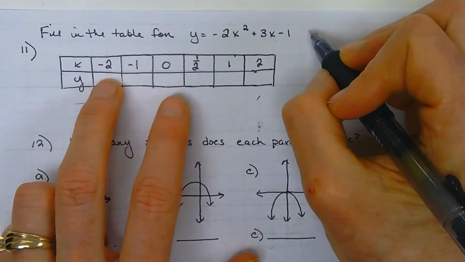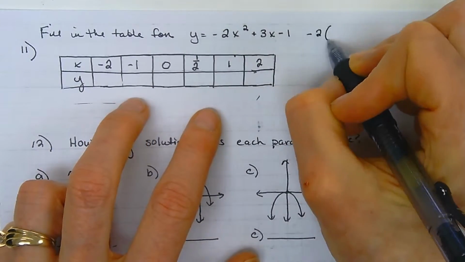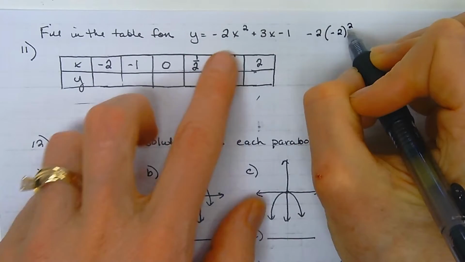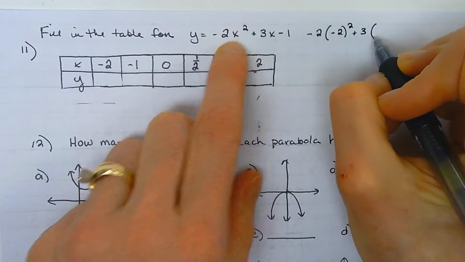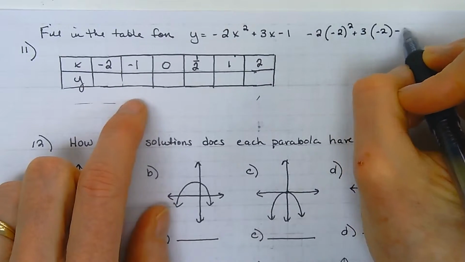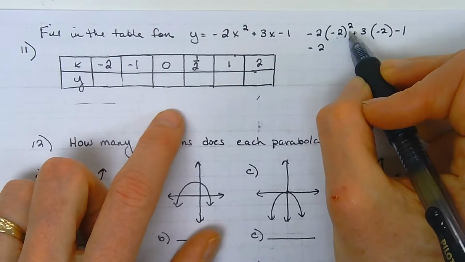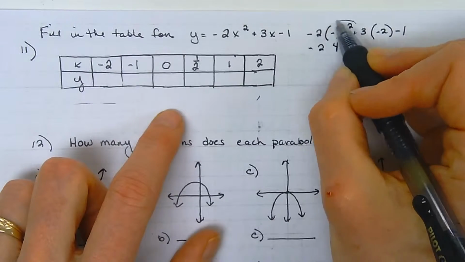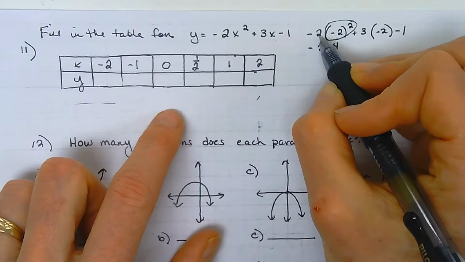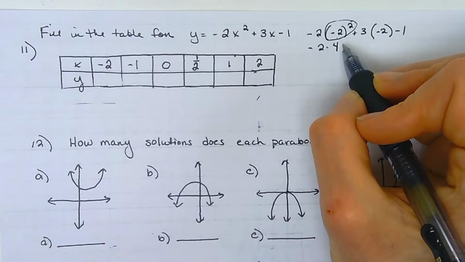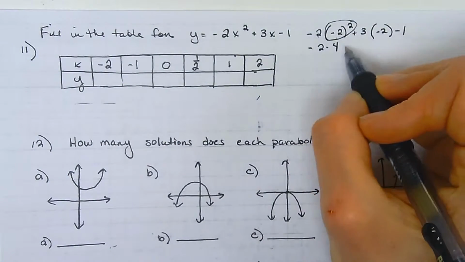Negative 2. Negative 2 times negative 2 squared plus 3 times negative 2 minus 1. This is negative 2 times 4. Remember, do this first. Don't multiply negative 2 times negative 2 first. You do what's here first.